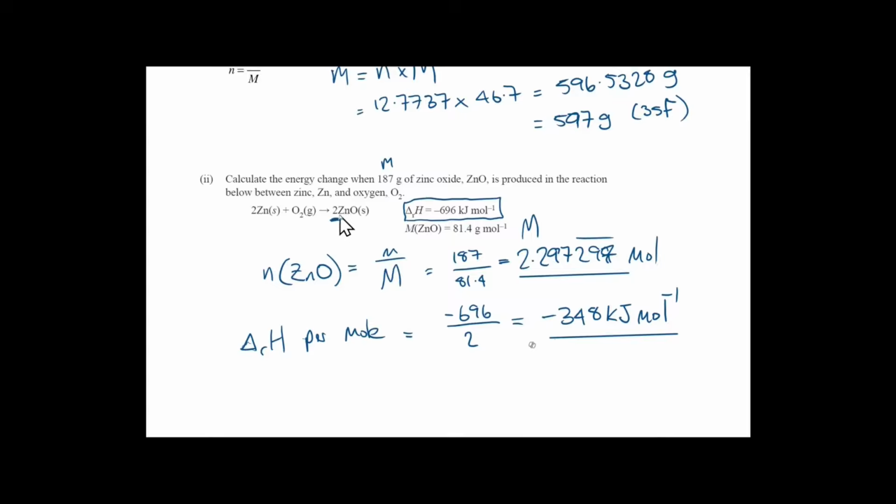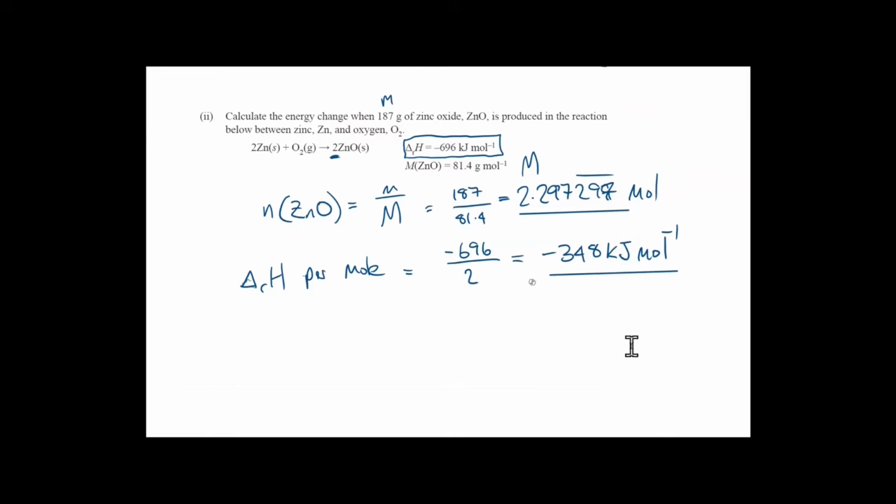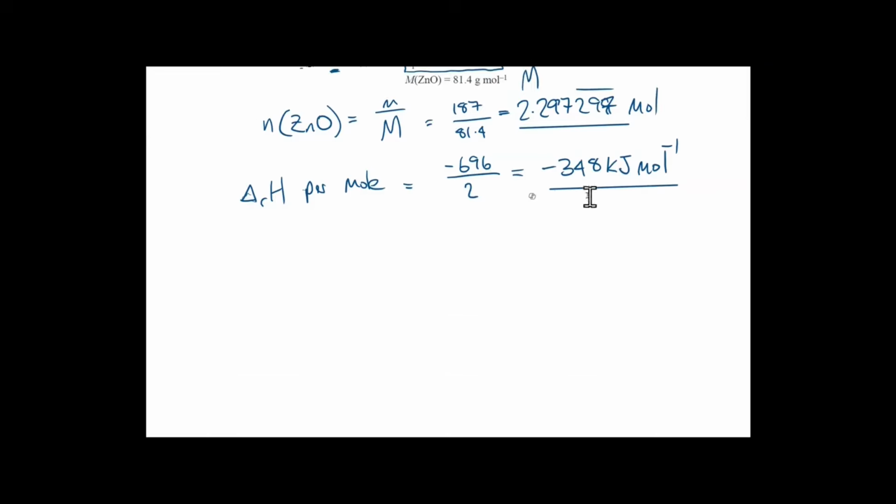We have 2.29 moles produced, not 2, so it's going to be a little bit more than that. And it produces 348 kilojoules per mole. So the total energy released is going to be the number of moles times the energy per mole. Again, we're presuming there is 100% yield and it's a perfect reaction.